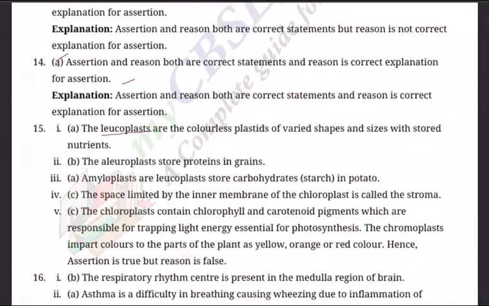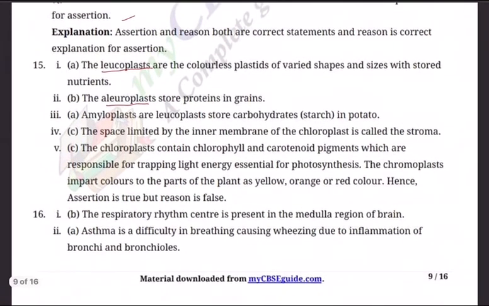Now question number 1. The dash are colorless plastids of varied shapes and sizes with stored nutrients. Leucoplasts. Question 2. The dash store proteins in grains. All of us know aleuroplasts store proteins. Question number 3.